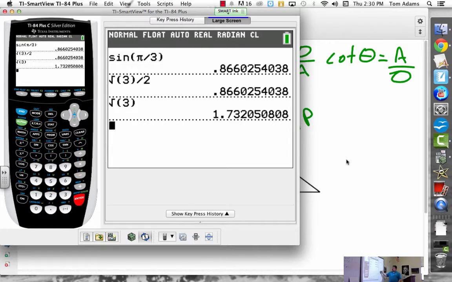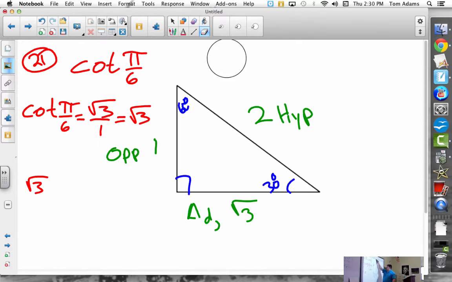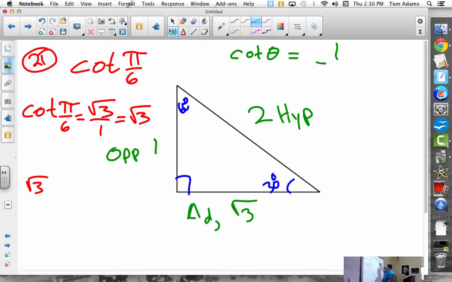So now how do I figure out what the cotangent of pi over 6 is? There's 2 ways. If tangent and cotangent are reciprocals, one way to write it is like this. Cotangent of theta is technically the same as 1 over tangent of theta.